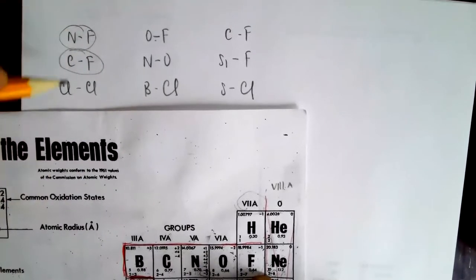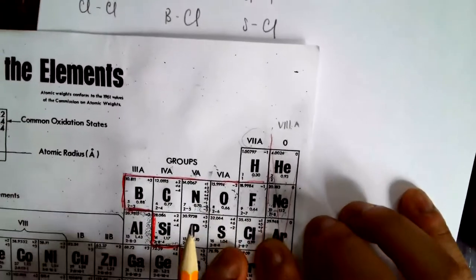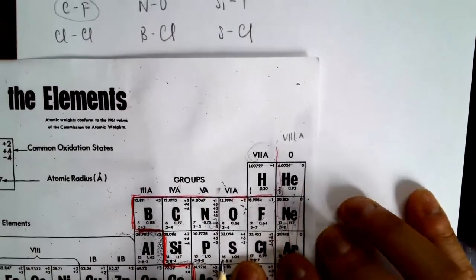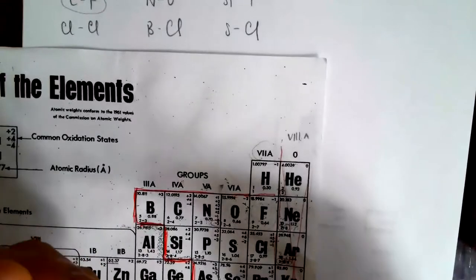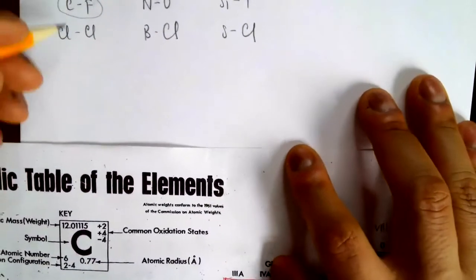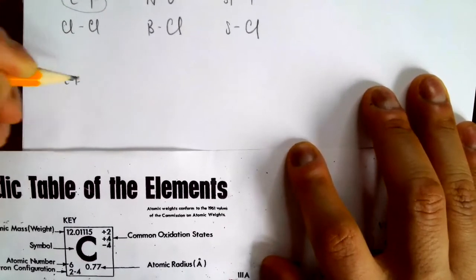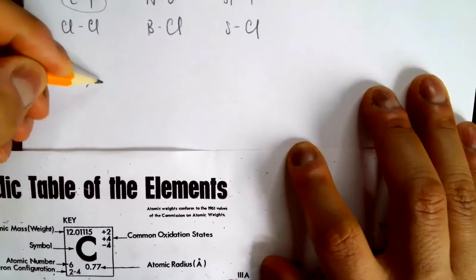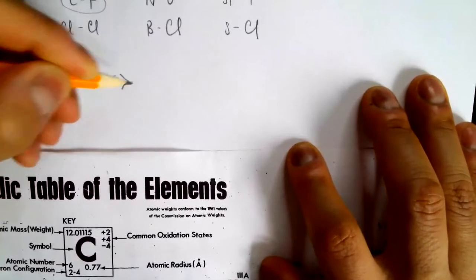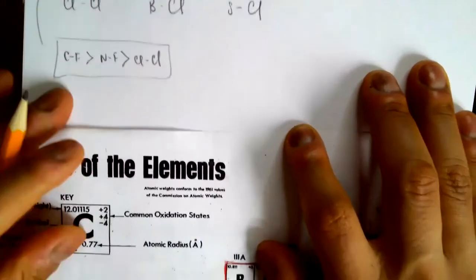What about ClCl? They have basically the same electronegativity, so there is no electronegativity difference. So the most polar would be CF, followed by NF, followed by ClCl. That would be my trend for this particular group.